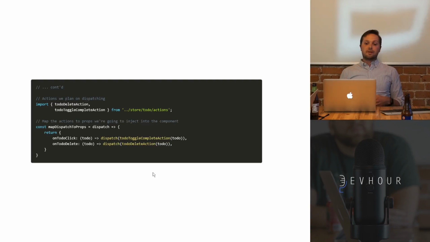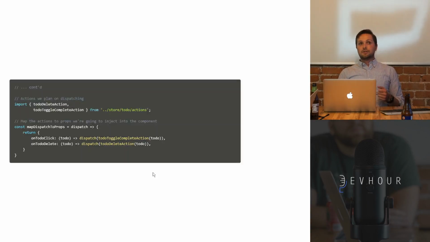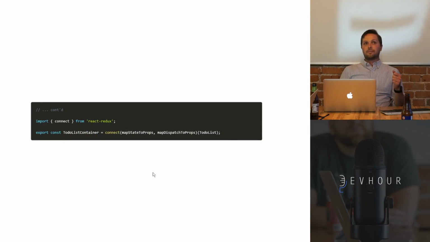And we're going to give them this dispatch wrapper around their function, around their action creator. And we're going to use that in this way. This is the magic that happens with React Redux, this connect function right here. That connect is responsible for mapping the functions that we saw, map state to props and map dispatch to props, and wrapping it around the to-do list.